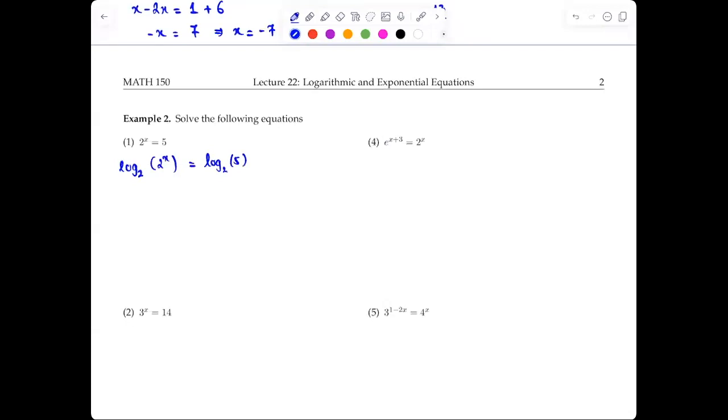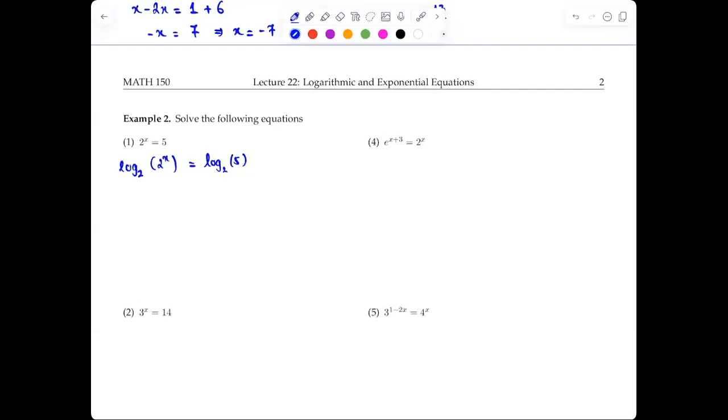Because the exponential function carrying the x has base 2. So that's why I choose log of base 2. Now on the left-hand side, I have log of base 2 and then the exponential function of base 2. So these two cancel out, and I'm left with just x.